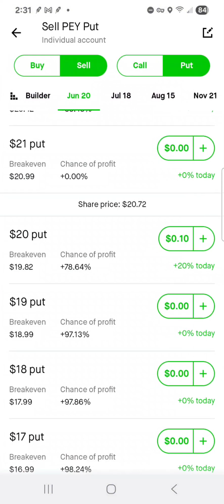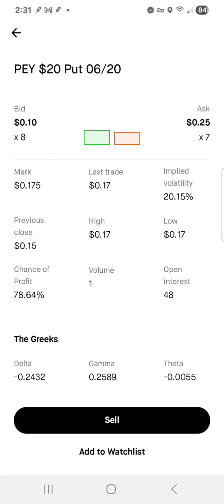Well, let's look at the $20 put. You can see the chance of profit is around 78%. This one has a little more interest. Let's see. Bid is 10 cents. Ask is 25 cents. Last trade at 0.17.